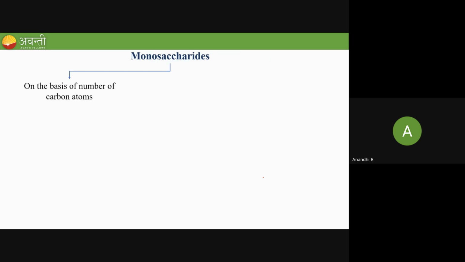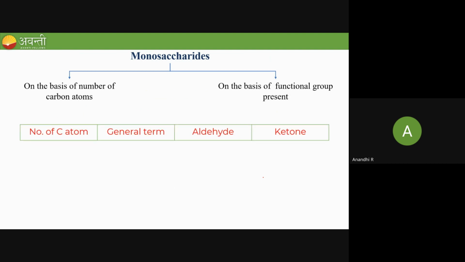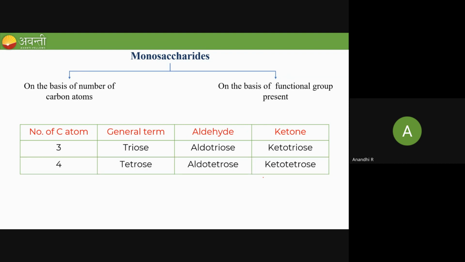Monosaccharides are classified on the basis of the number of carbon atoms and the functional groups present. If 3 carbon atoms are present in a compound, it is called a triose. If an aldehyde group is present, it is an aldotriose, and if a ketone group is present, it is a ketotriose.